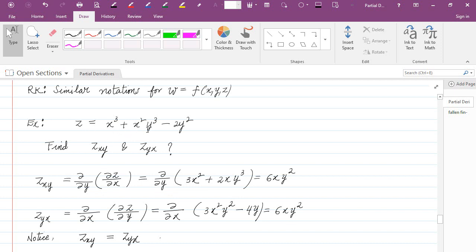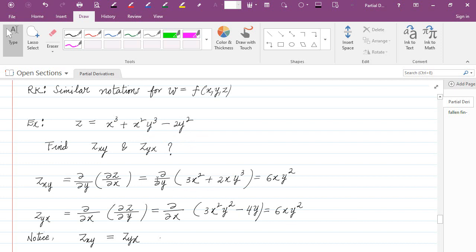With respect to x, y is a fixed constant. The derivative of x cubed is 3x squared. The derivative of x squared y cubed would be y cubed multiplied by the derivative of x squared, which is 2x, so we get 2xy cubed. And the derivative of 2y squared with respect to x would be 0.